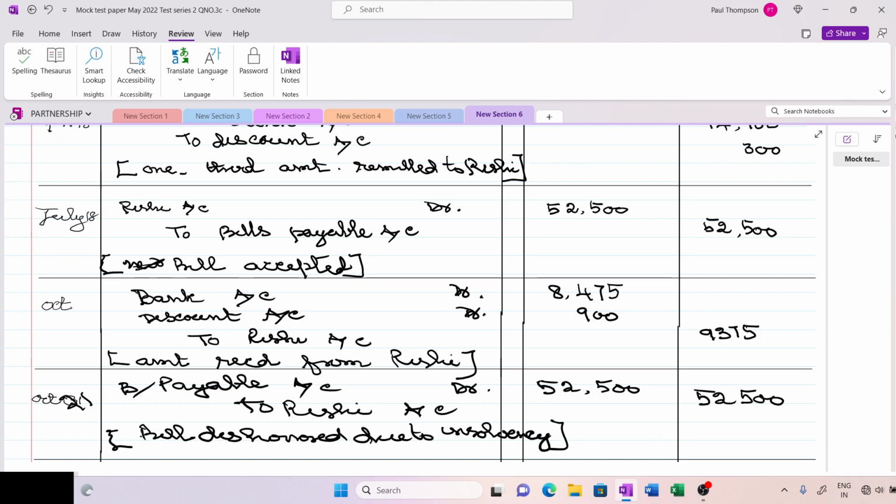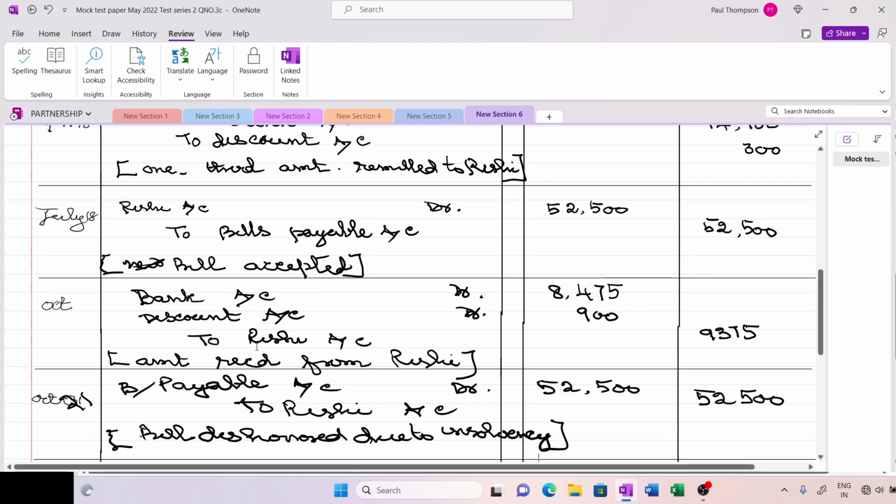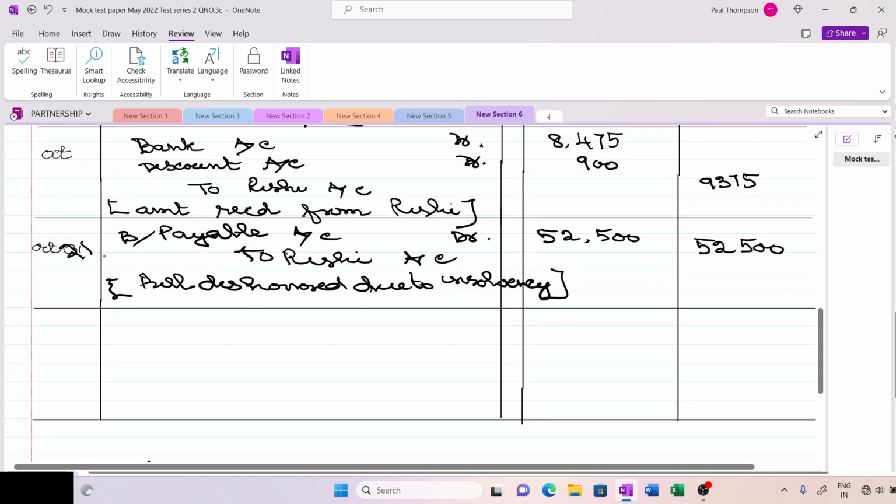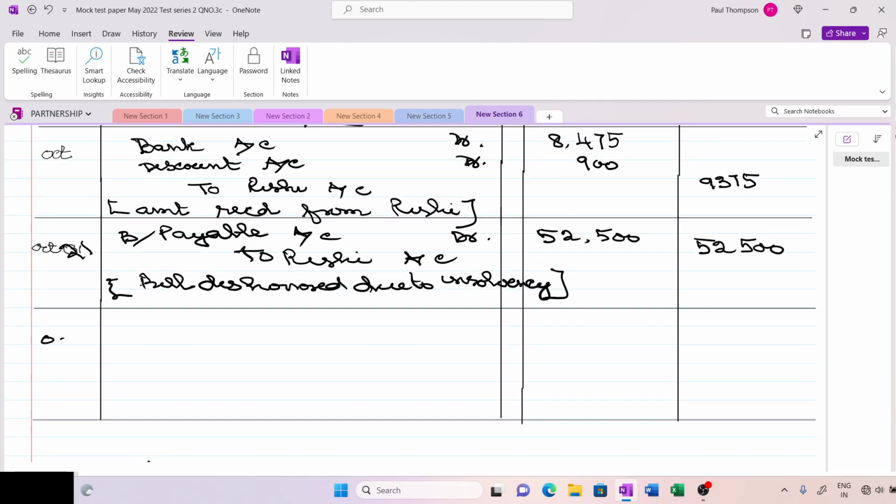Now what happened? They say that 50% was realized by Rishi. So on October 31, 50% was paid from Ravi's estate. So now the total amount due to Rishi is 30,000 plus 9,375. Rishi account debit 39,375.